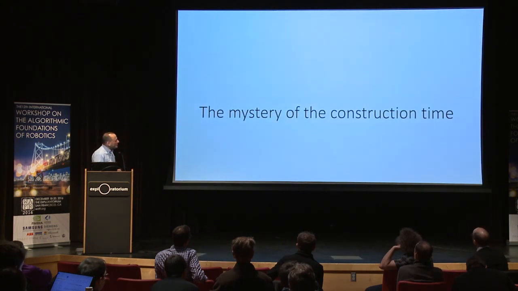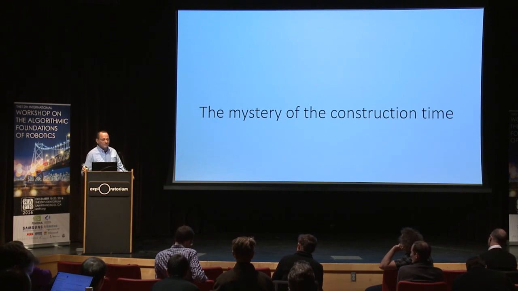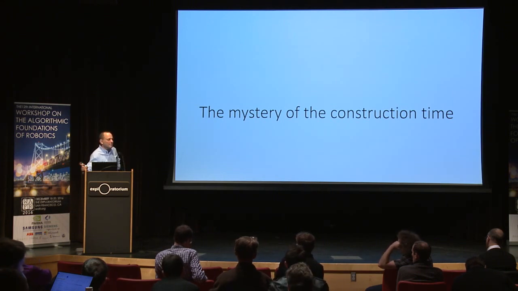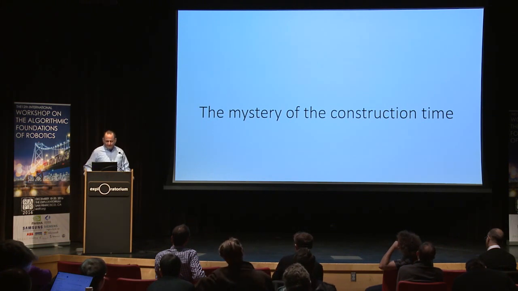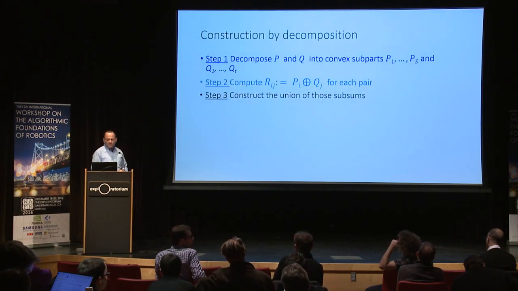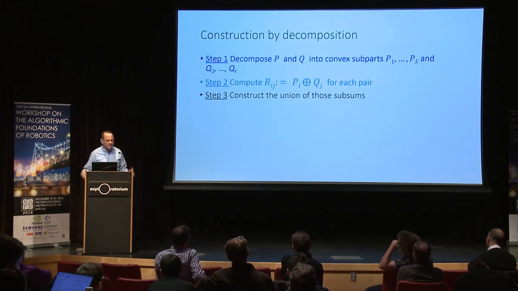OK. So there are many reasons to have Minkowski sums in your toolbox. And now I want to talk a little about the actual computation of Minkowski sum and to tell you that we have a problem. Let's look at the simplest and safest algorithm for computing Minkowski sums of polyhedra.